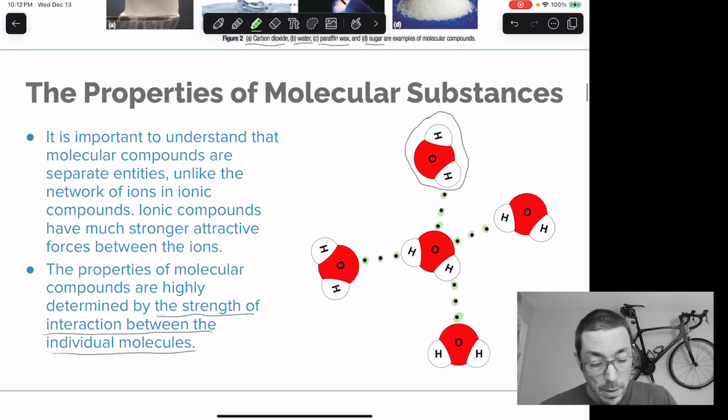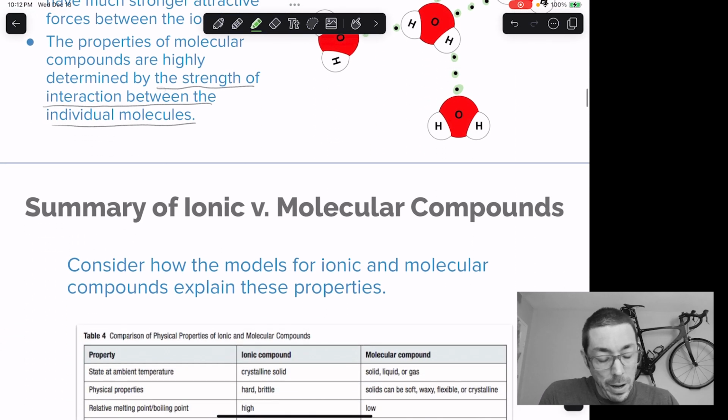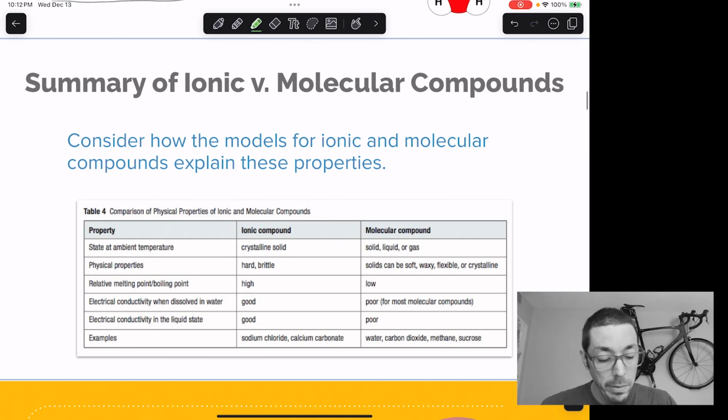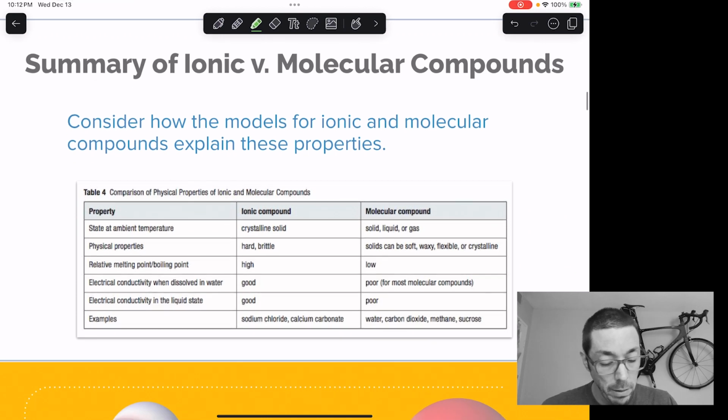So here's a table comparing different properties for ionic versus molecular. We didn't really talk much about the molecular compounds in terms of their conductivity, but basically they're opposite of ionic compounds.